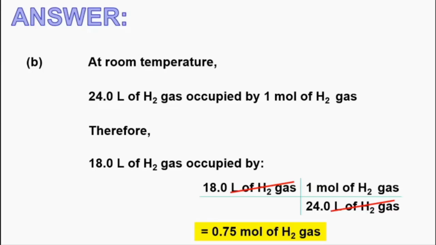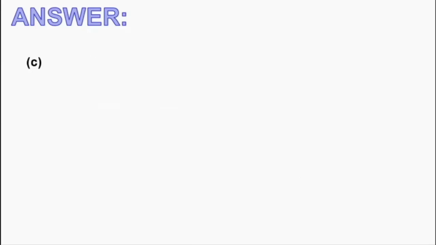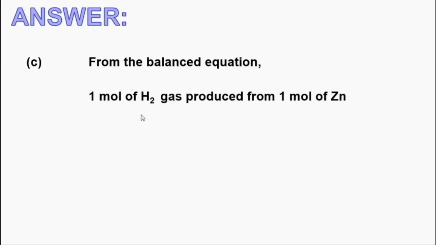Next, question C. In question C, we are going to use the balanced equation from question A just now. From the balanced equation, we know that 1 mole of hydrogen gas is produced from 1 mole of zinc. This is the stoichiometric relationship between hydrogen gas and zinc.